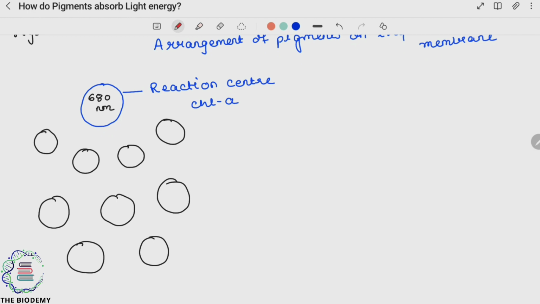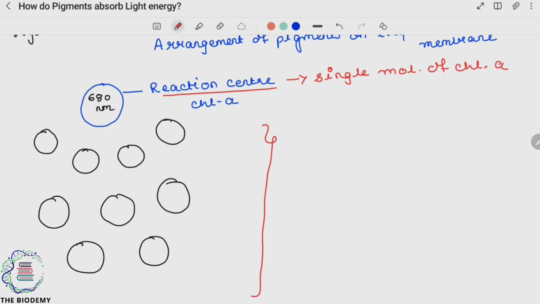When I talk about reaction center, it is always going to be a single molecule of chlorophyll A. The rest of these pigments will form the antenna pigments, in short also known as LHC, that is light harvesting complex.